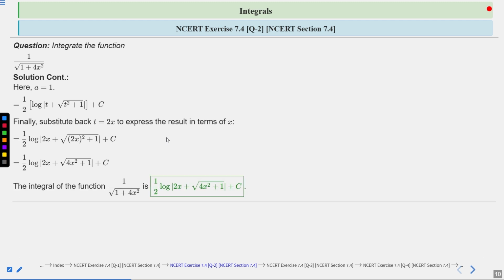So the integral of the function 1 upon root over 1 plus 4x square is basically 1 by 2 log mod 2x plus root over 4x square plus 1 plus c.